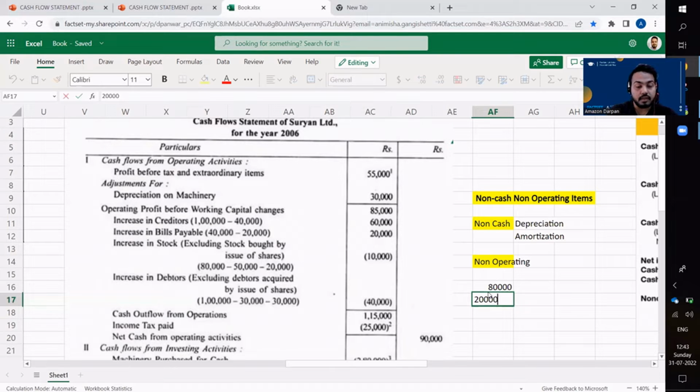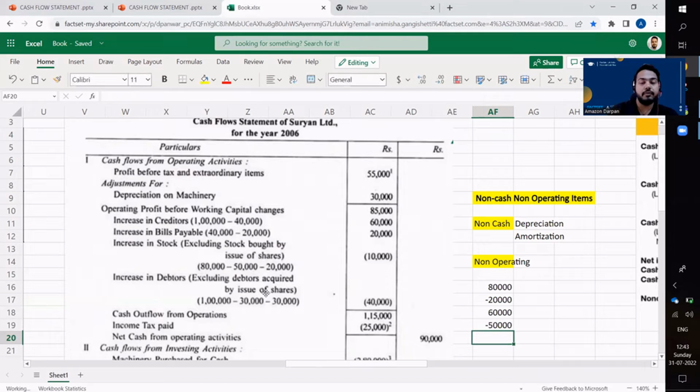Which means we assumed that during the year 60,000 worth of stock was purchased, but when we looked at the additional information, we found out that 50,000 was acquired from somewhere else, so we have to reduce that 50,000 as well.